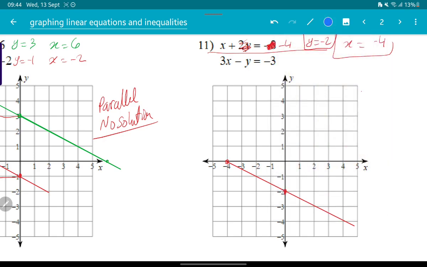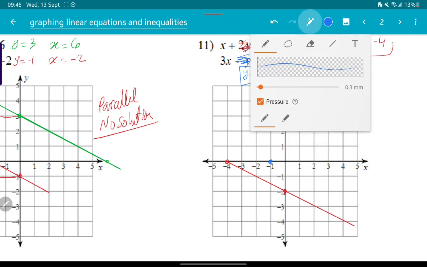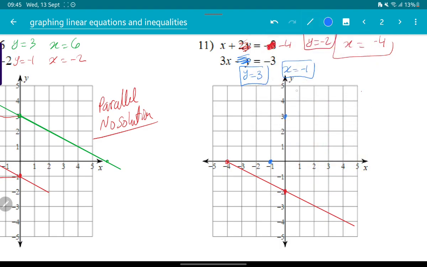Now the second line, cancel the x, y will be negative 3 divided by negative 1, y will be 3. You cancel y, x will be negative 3 over 3, x will be negative 1. So x is negative 1, y equals 3. When you connect this, you will have this straight line.